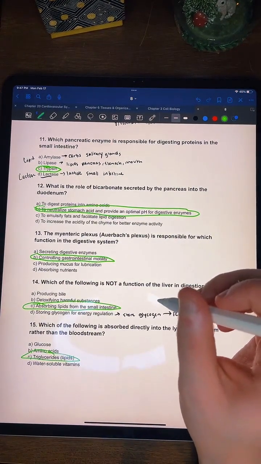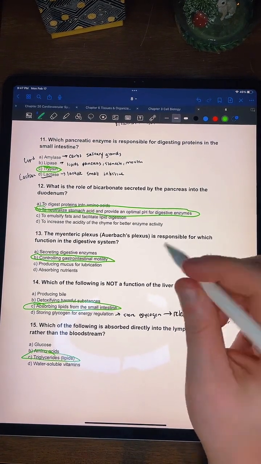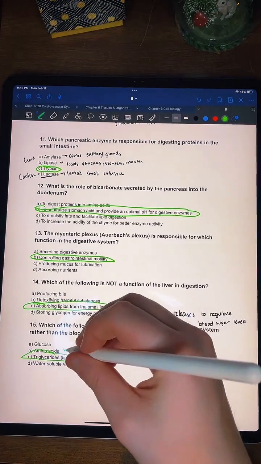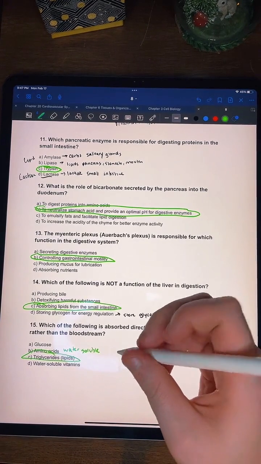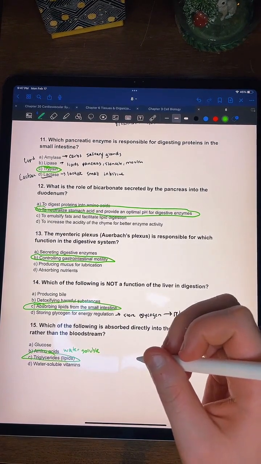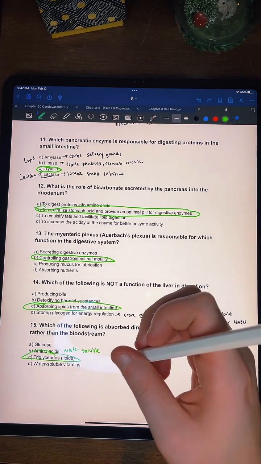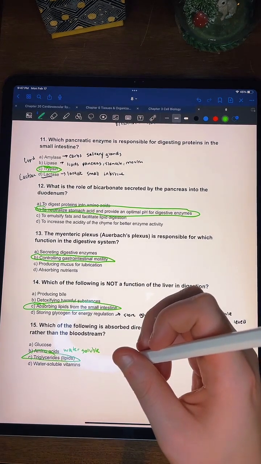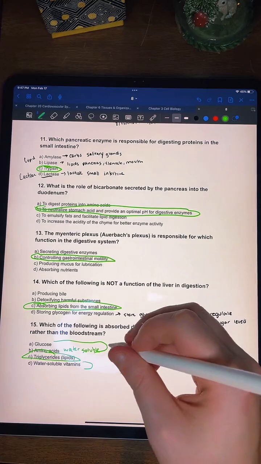I saw some people answering B. So amino acids are water soluble, and they're absorbed directly into the bloodstream. So the rest of these are all bloodstream.